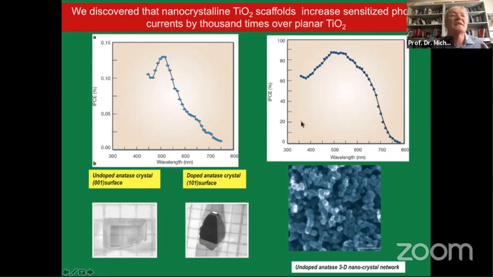It was not a factor of 2, it was a huge effect. With this disordered three-dimensional network, we could produce these high currents. That was a breakthrough and a new paradigm in the photovoltaic field, which until then had lived from just a physical picture of p-n junctions.